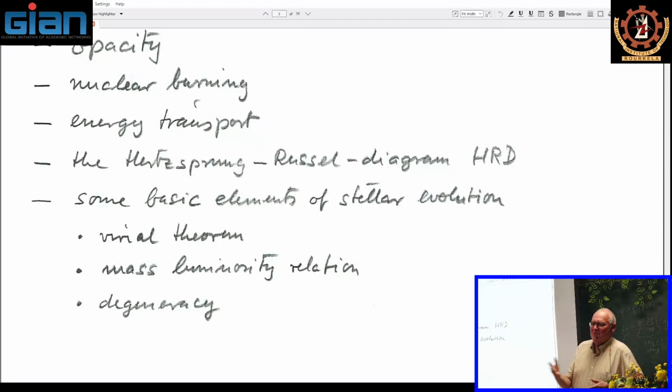So what would be your answer to this question? Why does a star radiate? All stars radiate. The sun radiates. We live from that. Why does a star radiate? What is the reason? How would you answer that question? Some suggestion. It doesn't need to be wrong. It doesn't need to be right.